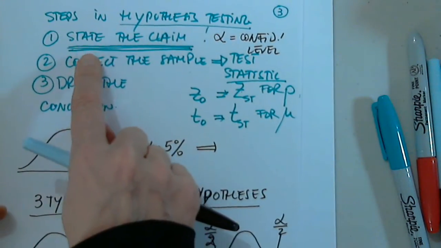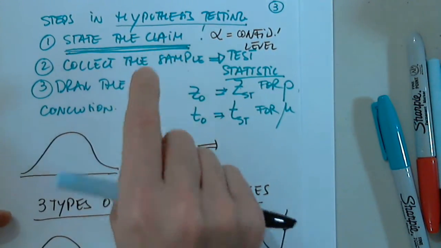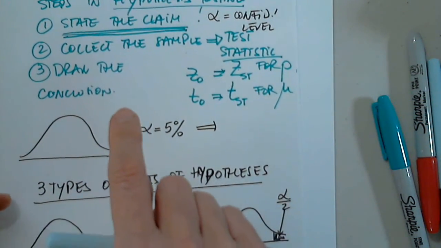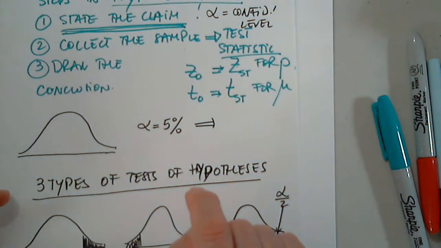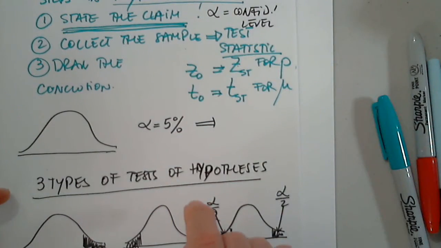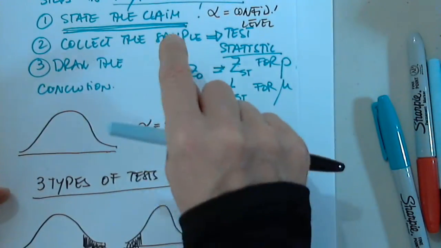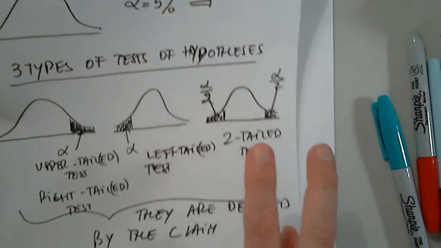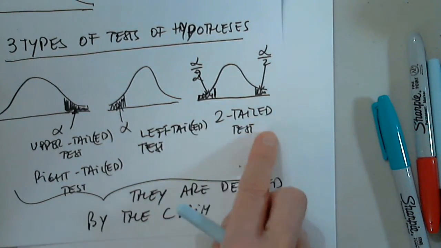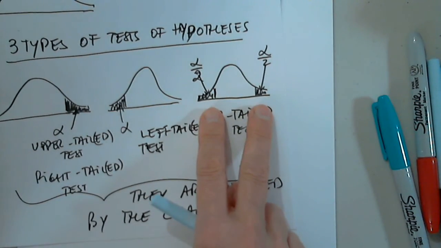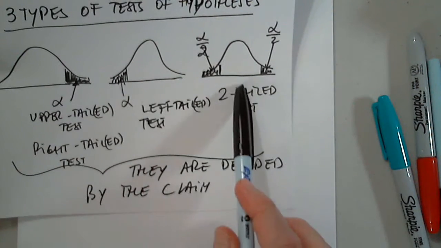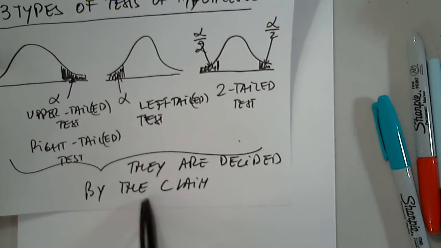If the claim now is that there is a difference, they're not the same as they used to be. The percentage of smokers is not the same as it used to be. Not the same is a two-tail test. So these three scenarios depend on the claim.